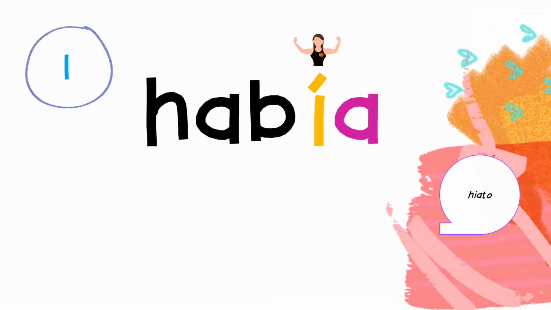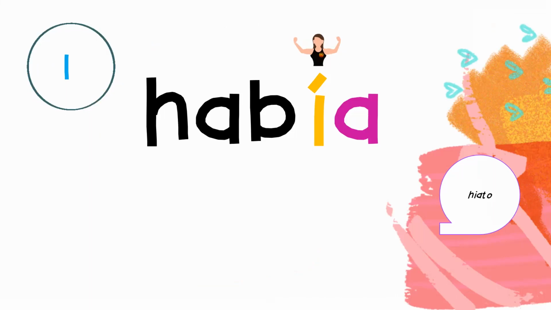Here we have the first case with the word había. In this case, we have two types of vowels together: i, a weak vowel, and a, a strong vowel.